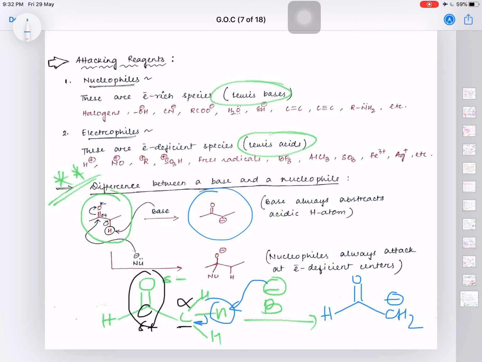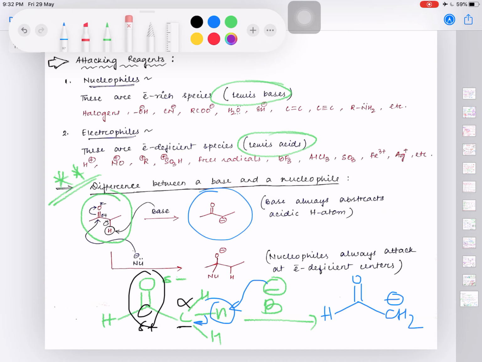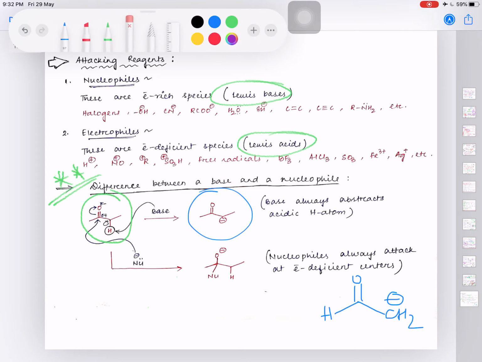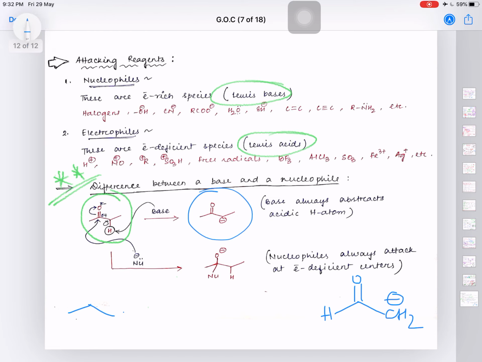But if a nucleophile is present, I will take the same reactant. Say you have CH3 double bond O, here will be H, and you are reacting with a nucleophile.